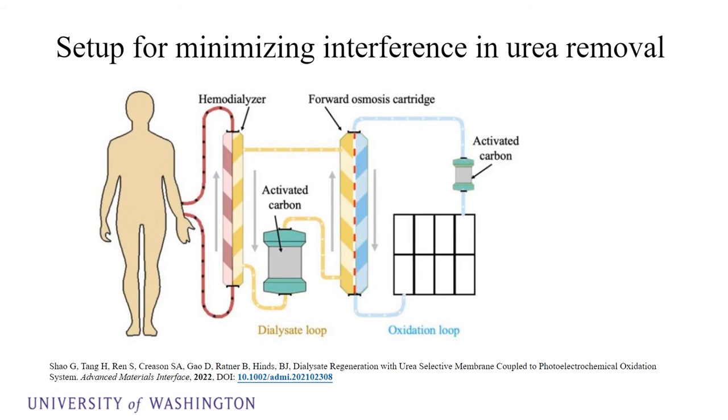The non-urea uremic toxins will be removed by these activated carbon layers. And going to the right, we have the forward osmosis cartridge, which is urea-selective. So the urea and only urea will pass this membrane and end up in the oxidation loop. And the urea would be decomposed into carbon dioxide, nitrogen, and water.